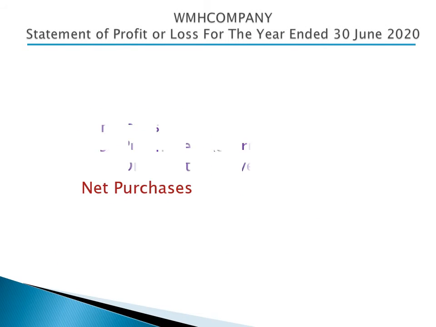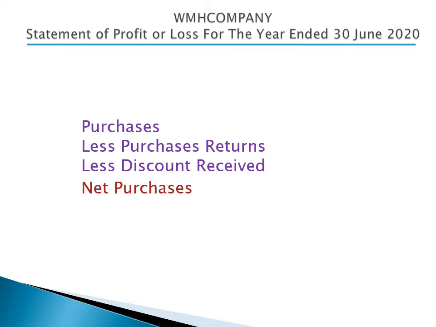And net purchases actually comes from the formula of purchases less purchases returned and less the discount received. So this is the amount that will form the net purchases amount. I repeat, the total purchases.